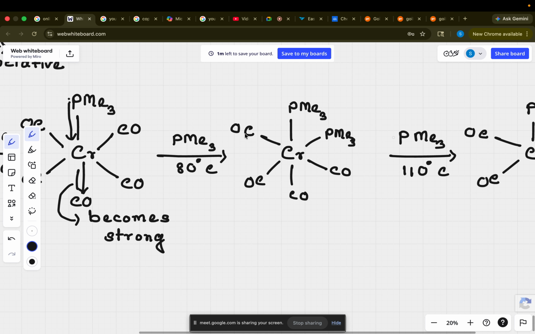Similarly, when you introduce two PMe3 groups, they are donating electrons to the chromium center, and chromium is also back donating electrons to the pi star orbital of carbonyl. So these two chromium carbonyl bonds together are becoming strong.